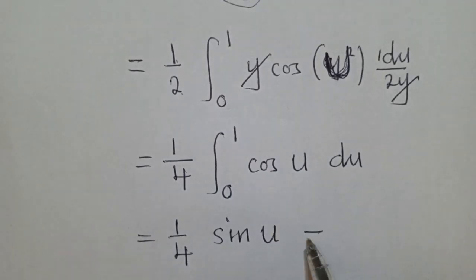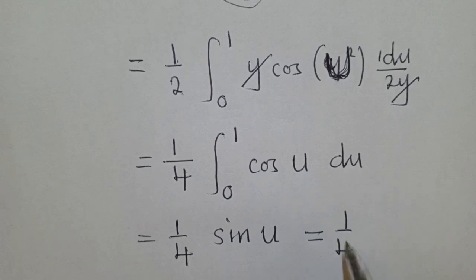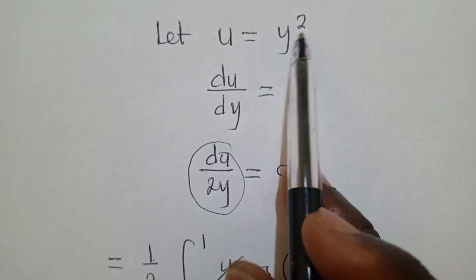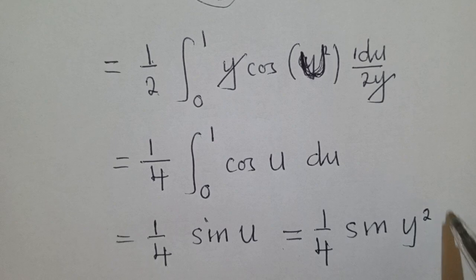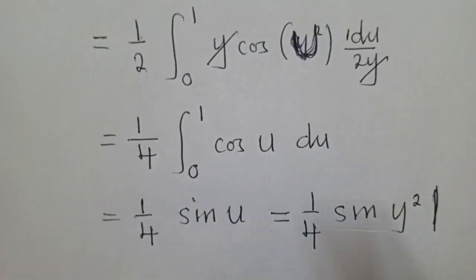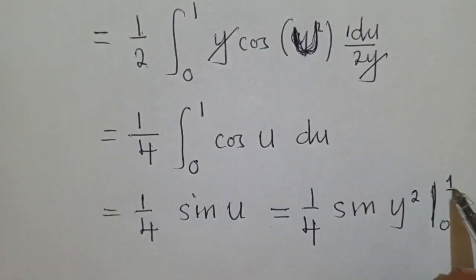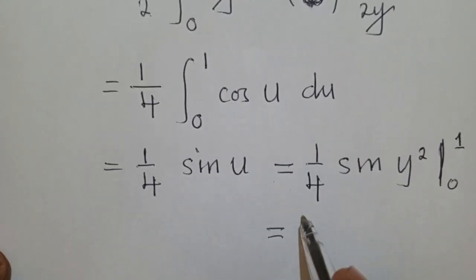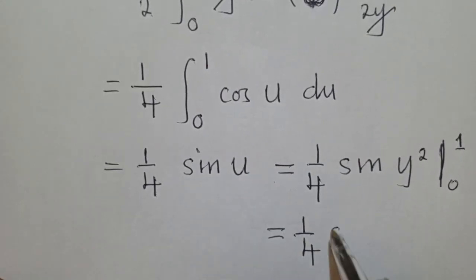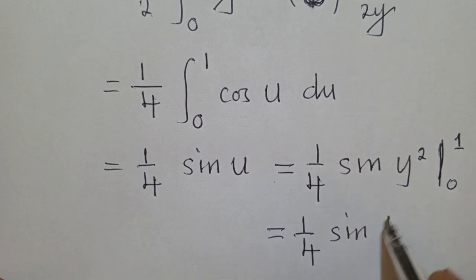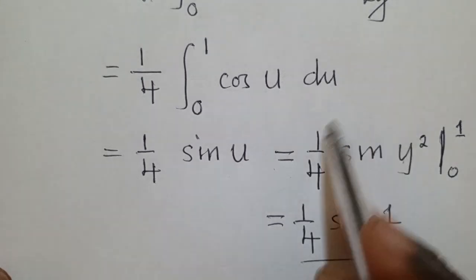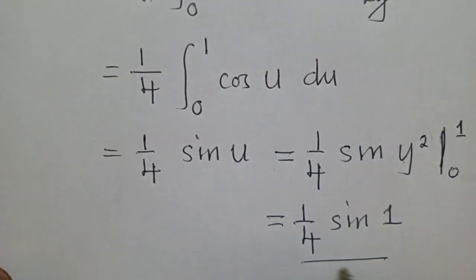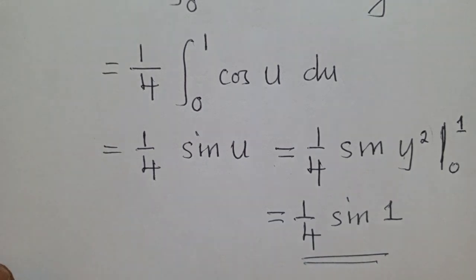We can now substitute back the value of u, which is y squared. So we have sine y squared with the limits: lower limit 0, upper limit 1. This gives us 1 over 4 sine 1. This is the answer. When we substitute the 0, everything just gives us 0, so we end here. This is our answer. Thank you.